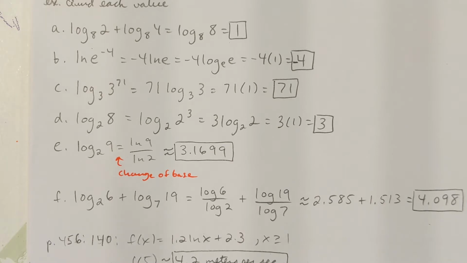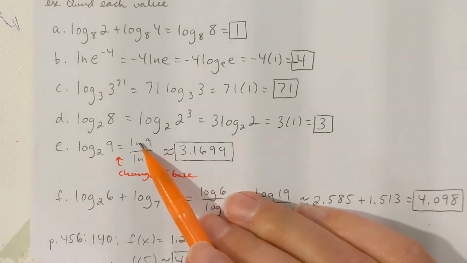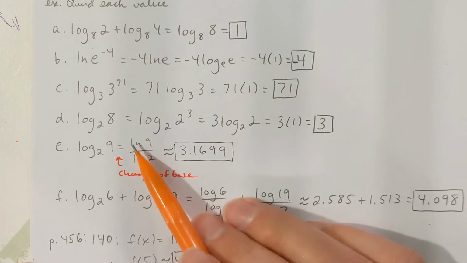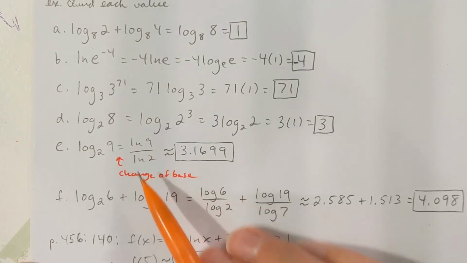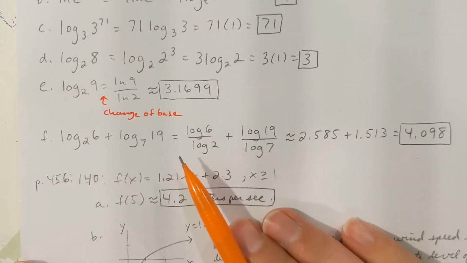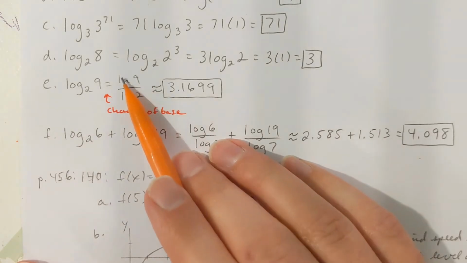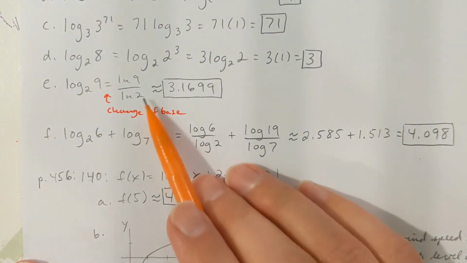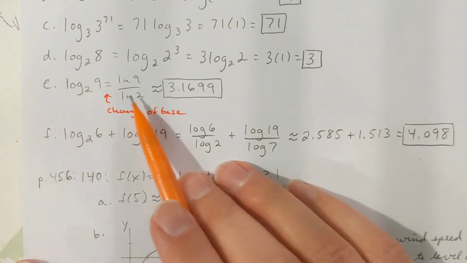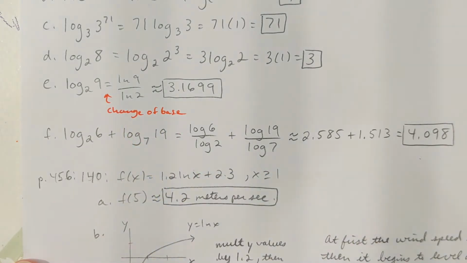But suppose I want to change the base to be base e. Well, if I'm working with base e, that means I'm working with the natural logarithm. And I'm going to be dividing two natural logarithms here. 9 is going to go into the logarithm up top. 2 is the old base. That's going to go into the logarithm in the denominator.